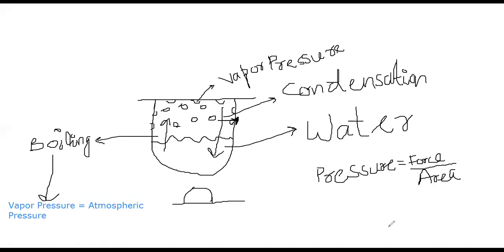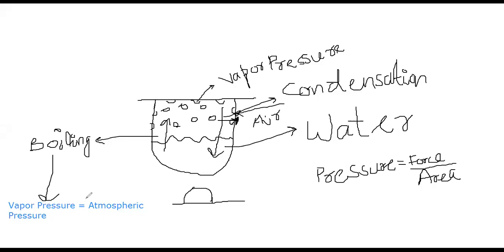So in order to understand boiling, we need to understand vapor pressure as well as the term atmospheric pressure. Now you might have a question, what is atmospheric pressure? Actually, it's not just the vapor inside that is colliding with the wall of the container. The air molecules outside will also collide with the wall of the container in the same way this one does. So there is some pressure from outside and there is some pressure from inside.